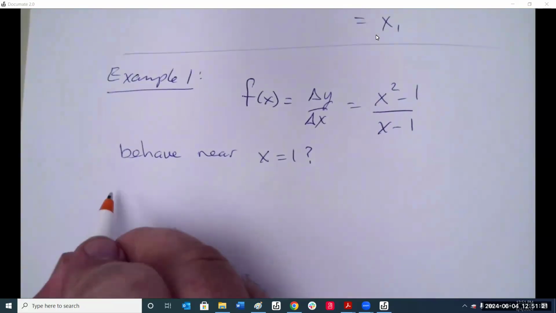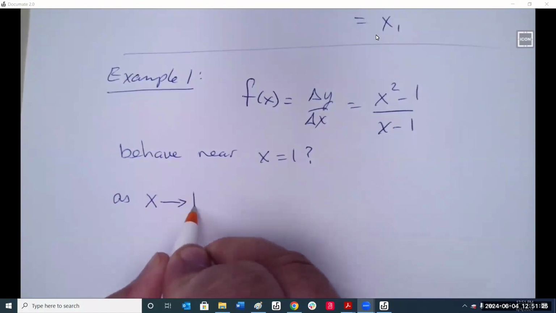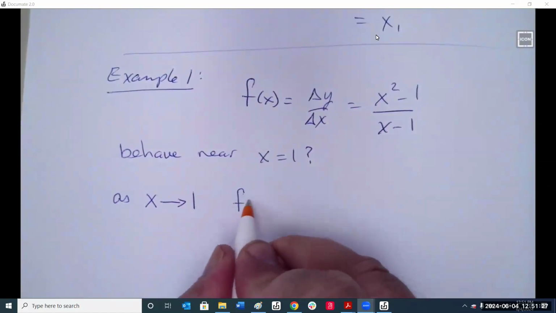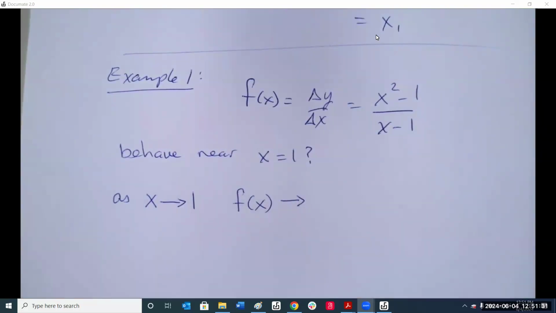Basically, we're saying here, as x approaches 1, f of x goes to what number? If you plugged in 1 in there, what happens? You get 0 over 0. You get undefined. You cannot divide by zero.